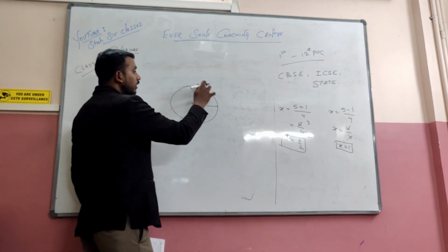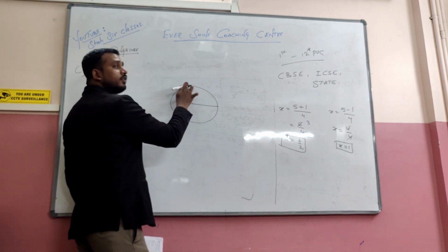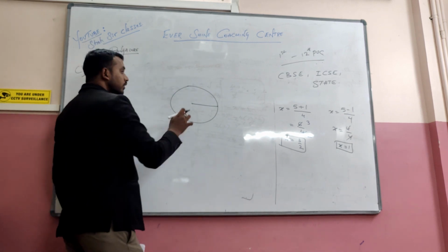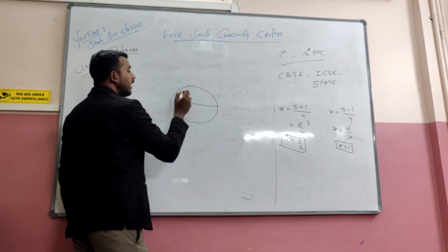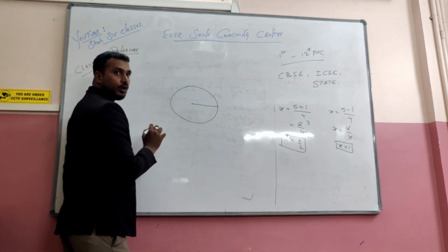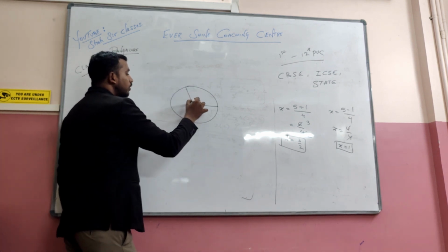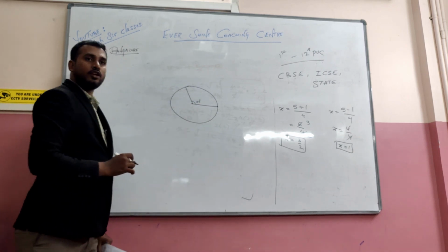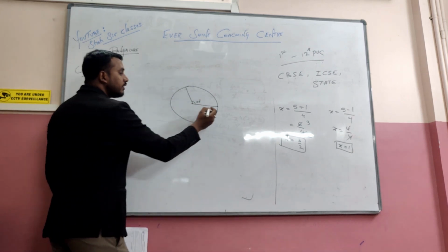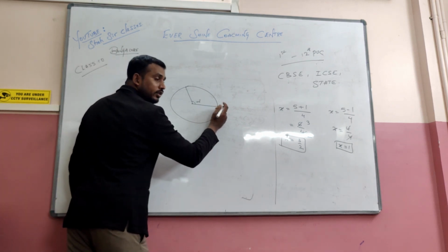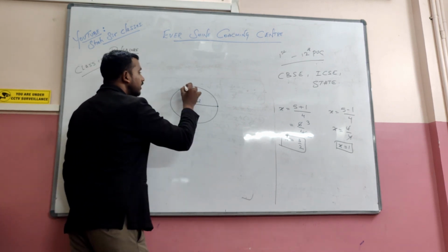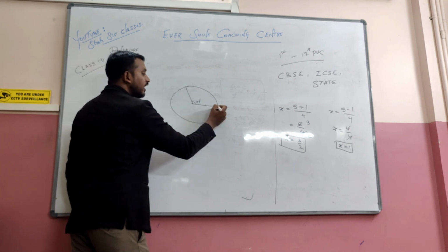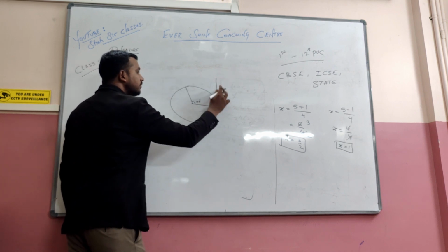This is 0. This is 90, and then this is 100 degree, approximately. So draw 100 degree. Did you understand? Now can you see this? This is one end point. This is one non-center end. This is one more non-center end. At this point, draw a tangent.